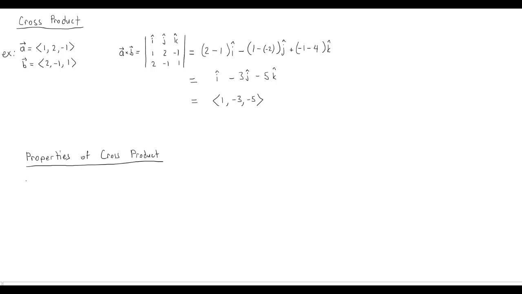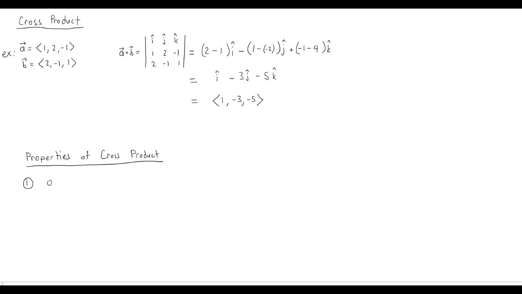Okay, so perhaps the most important property is that the cross product of two vectors will be orthogonal to both of the vectors that were crossed.